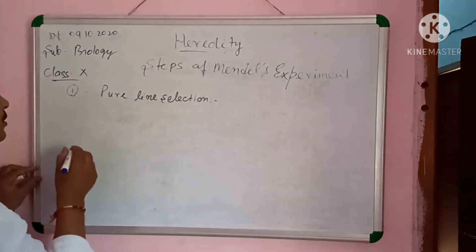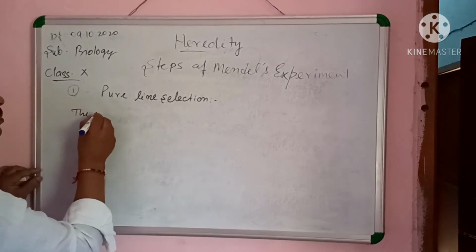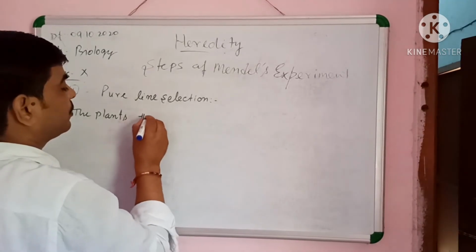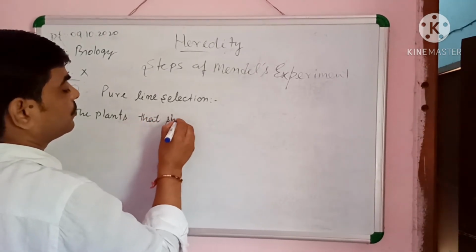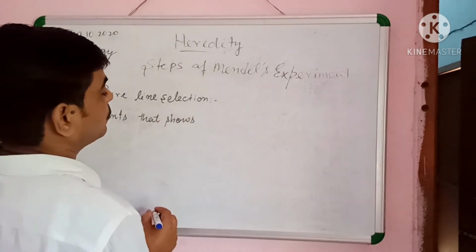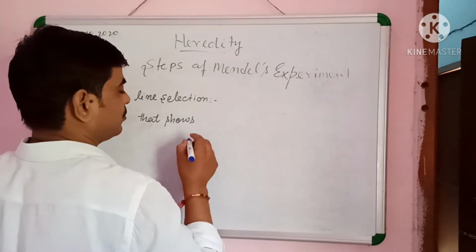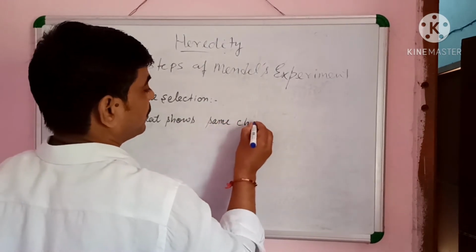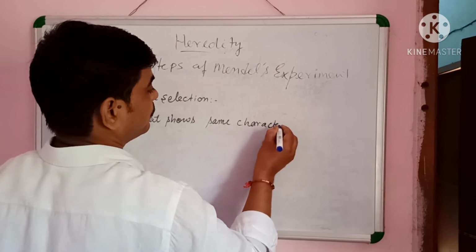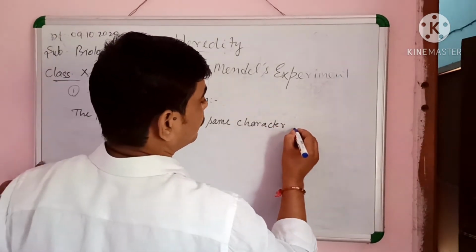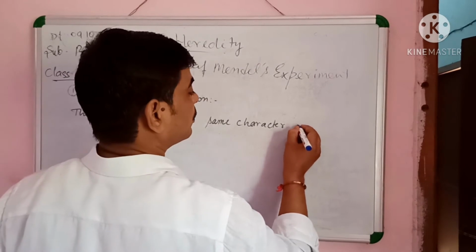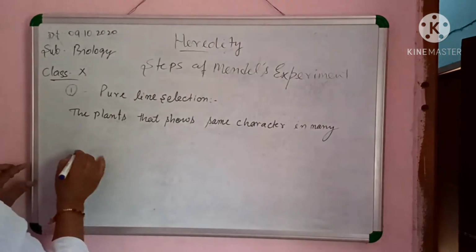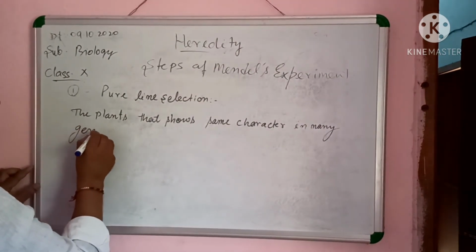Pure line plants are what? The plants that show the same character in many consecutive generations.